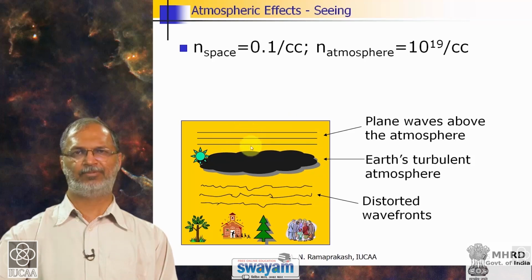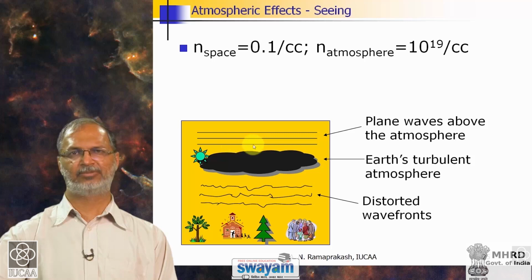Now, when these wavefronts or light rays pass through the turbulent atmosphere, they get disturbed. What it means is that a set of rays which start at the same time above the atmosphere, when they pass through the atmosphere, travel different distances.